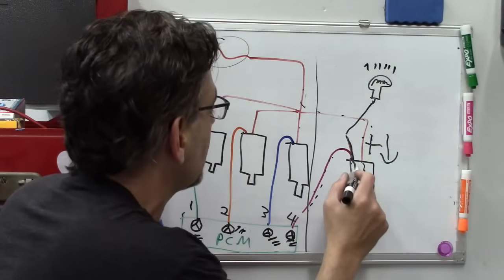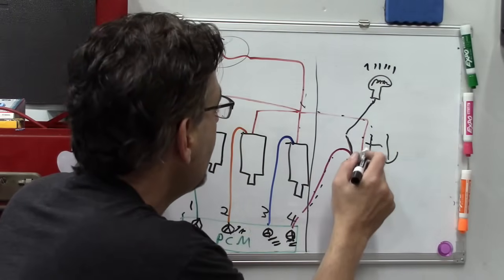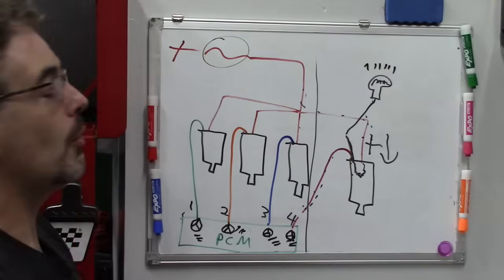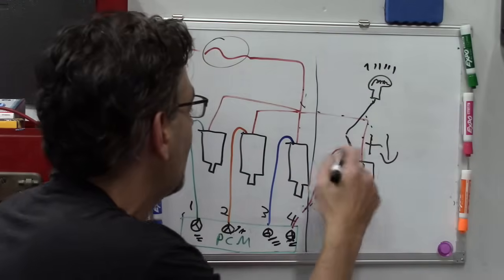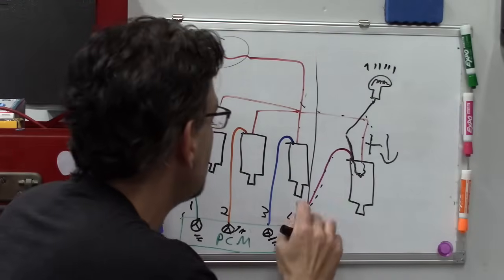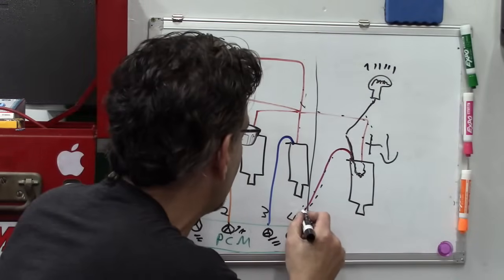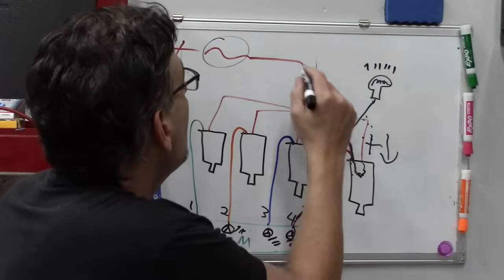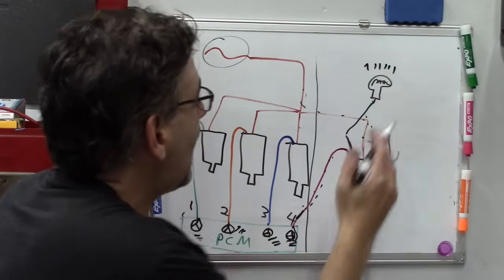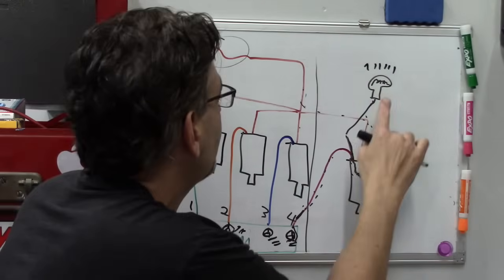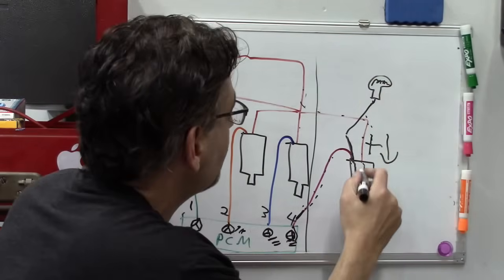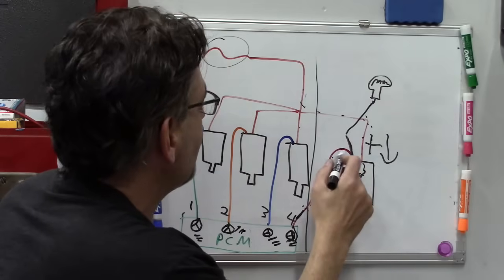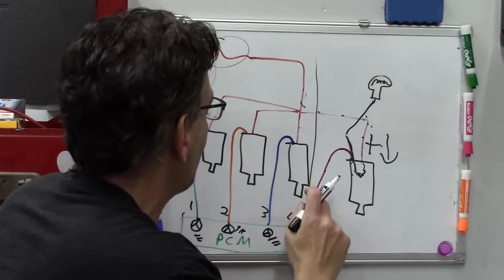Anywhere I measure, even here on the coil, anywhere I measure along this system is going to measure battery voltage. The only way that changes is when this connection to ground is made. Once it goes to ground, anywhere I measure on the positive side, that light's going to light. But after the load, that light will not light because we're going to have full voltage drop across that load.